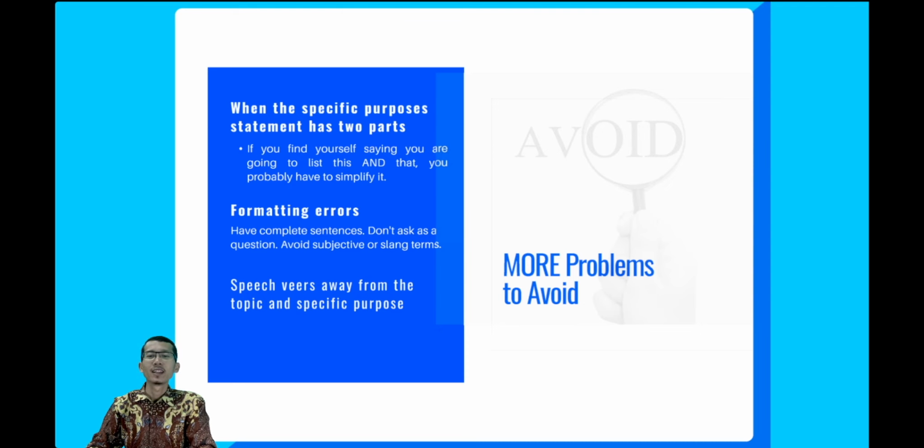Now, my students, this is the conclusion of what you have already learned so far in this video. You should be aware that all aspects of your speech are constantly going to change as you move toward actually giving your speech.